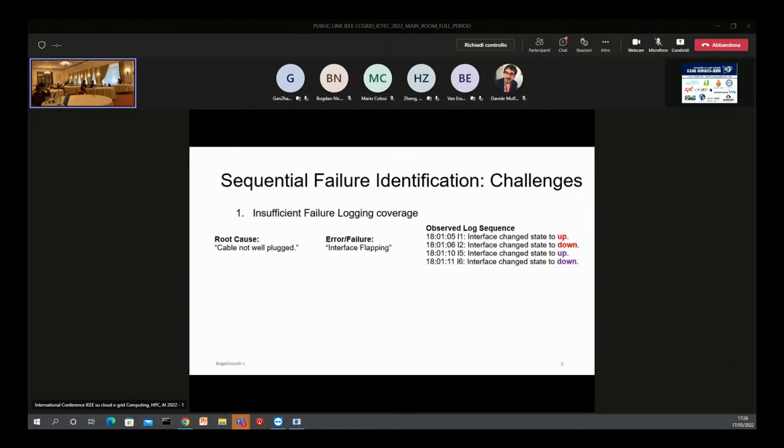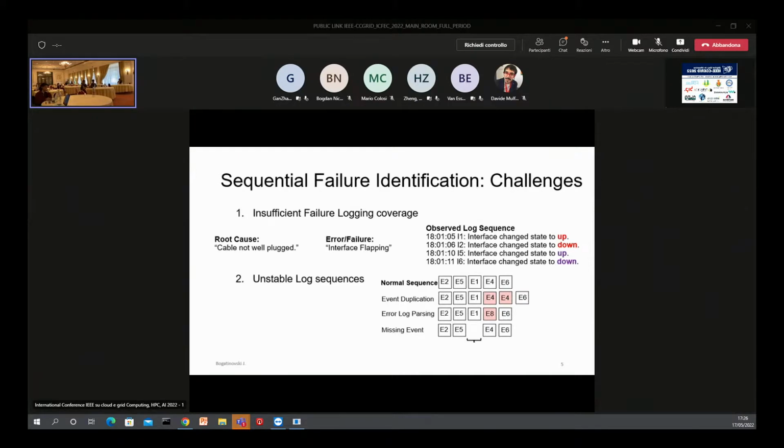And obviously, when observing just individual log lines, we have insufficient failure coverage and cannot observe the failure. Then we have the problem of unstable log sequences, which are basically normal sequences that, due to different reasons, for example event duplication, look different.